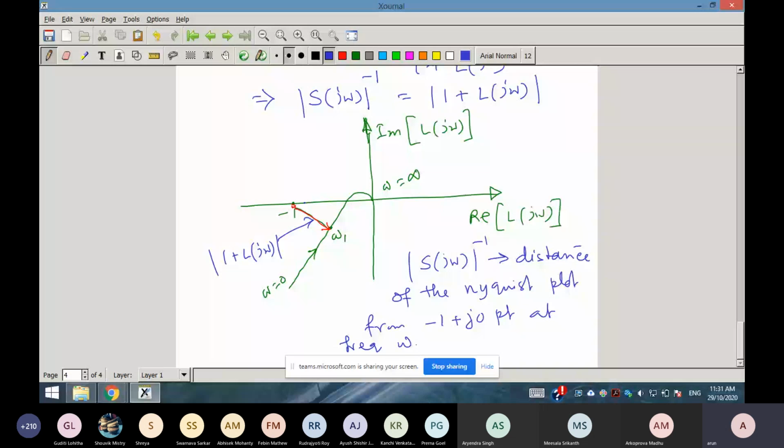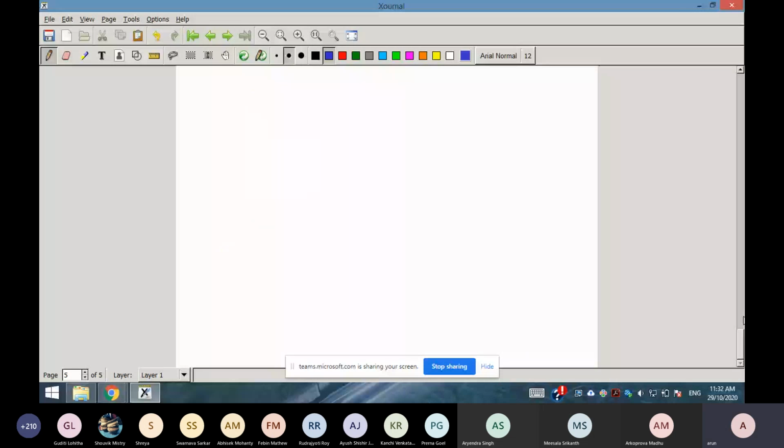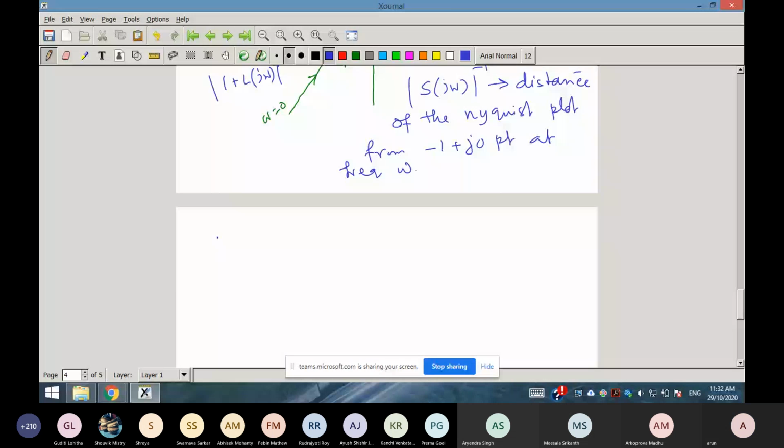So for robust stability, the Nyquist plot of the loop transfer function, even the nominal one, should be as far away as possible.